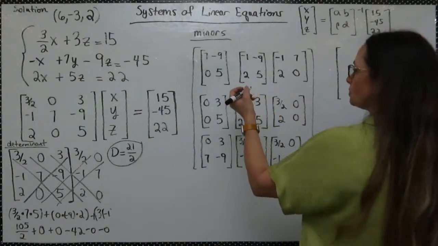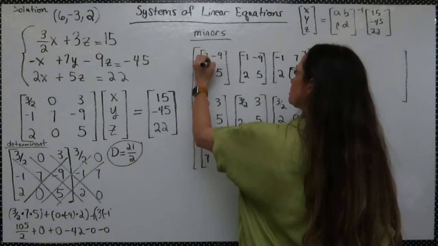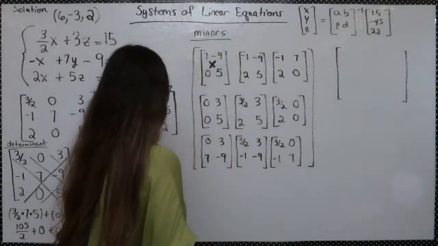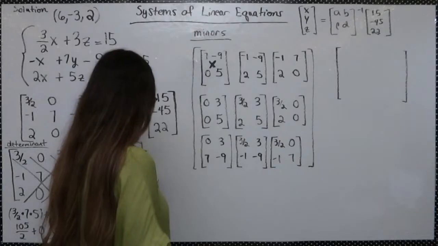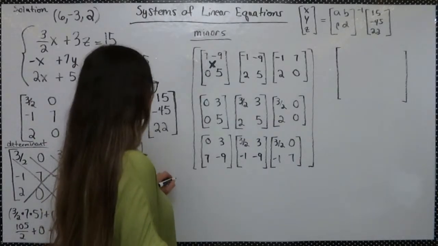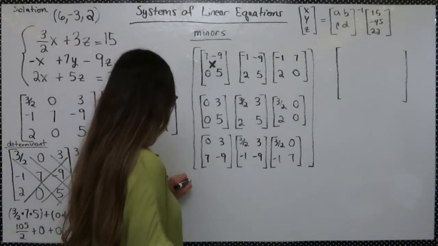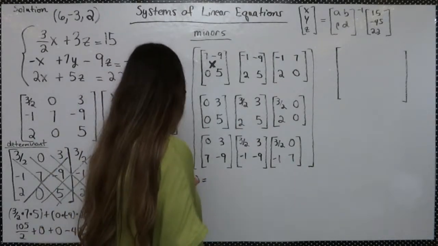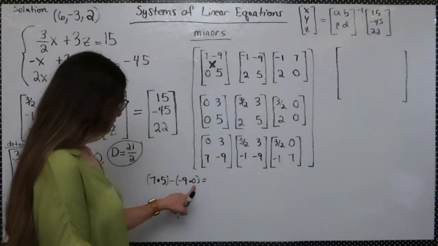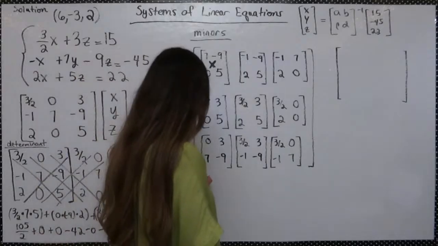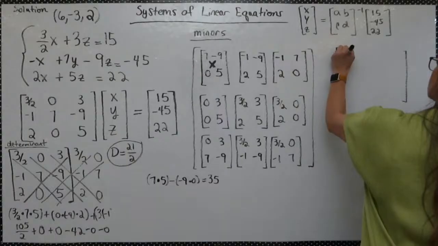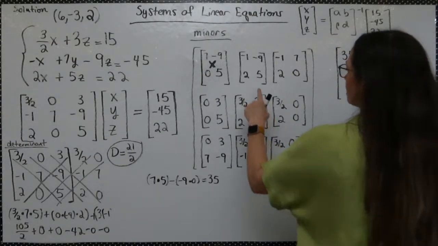Okay, so this first one is going to be 7 times 5 minus negative 9 times 0. So we'll put the work here. 7 times 5 is 35. 9 times 0 is 0. So 35 minus 0 is just 35. So we'll put that here, 35. We'll do this one next.